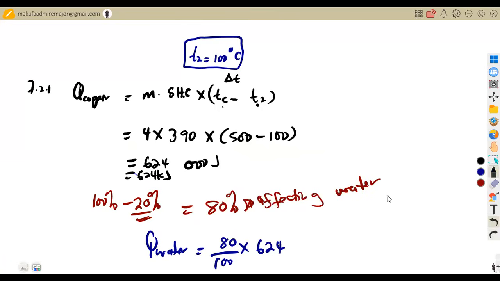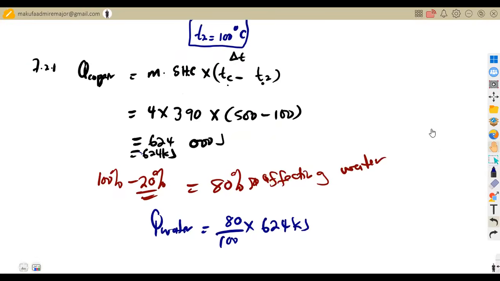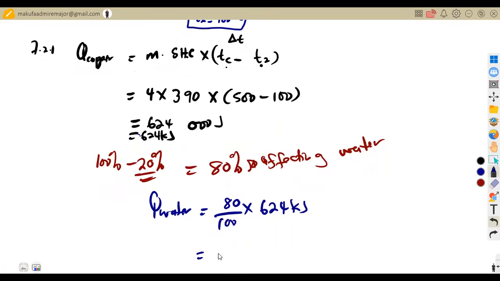All right. So if you are to express this already in kilojoules, you're going to obtain your answer as 499.2 kilojoules in this case. All right. So that was the idea of our question. We now have the heat that was transferred to the water in this case.